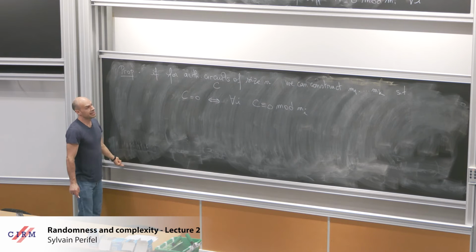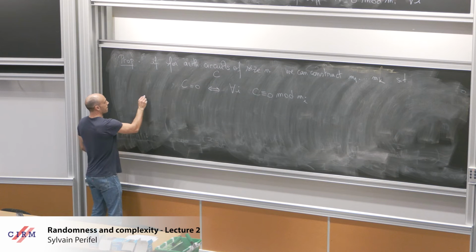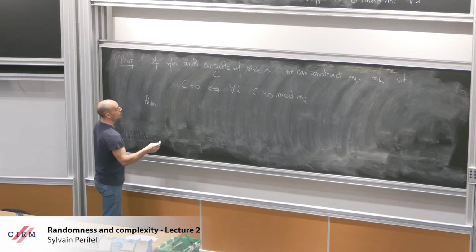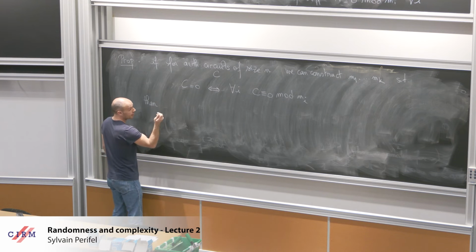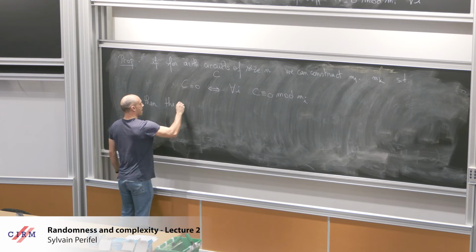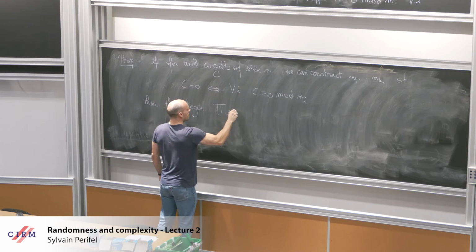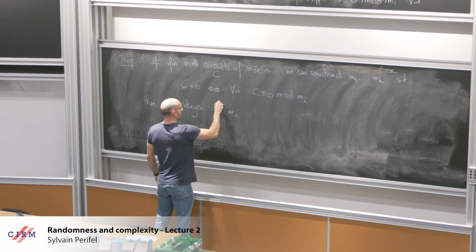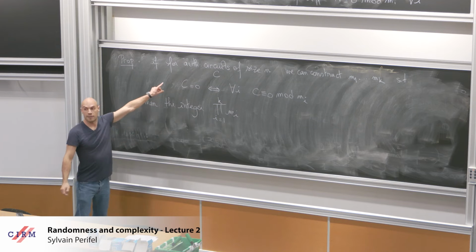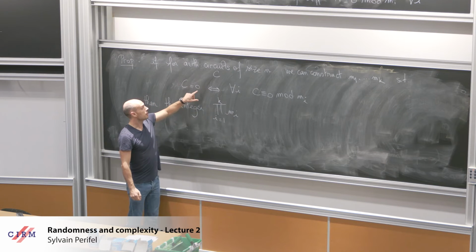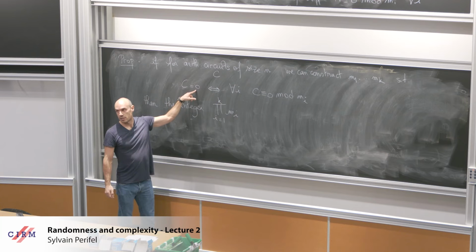So what happens then? Then the integer product of the Mi fools this test. It means that it is different from 0, but it is accepted by this test.